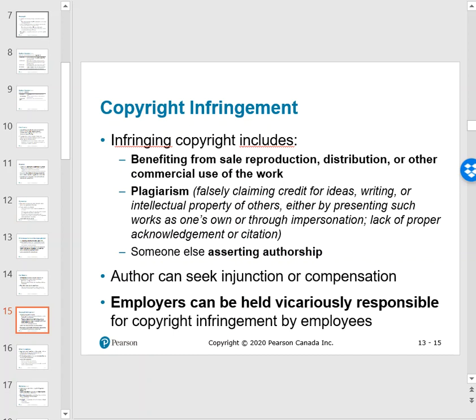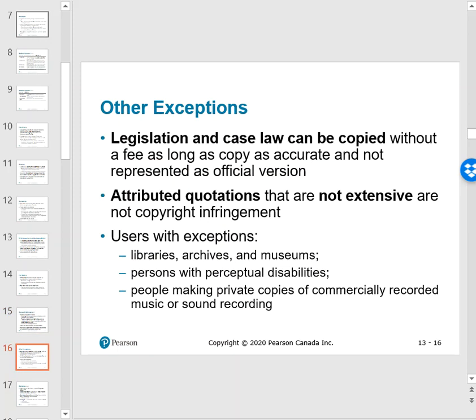So in my case, the laptop computer I have belongs to BCAT. So in case I use this laptop to have access to illegal content, BCAT would be vicariously liable. So that's why employers usually monitor their employees' activities online.